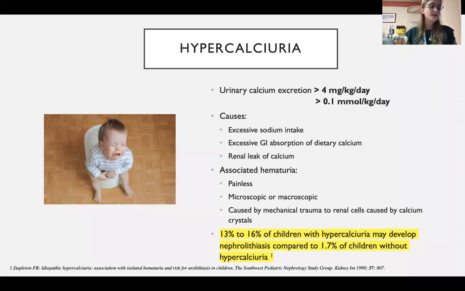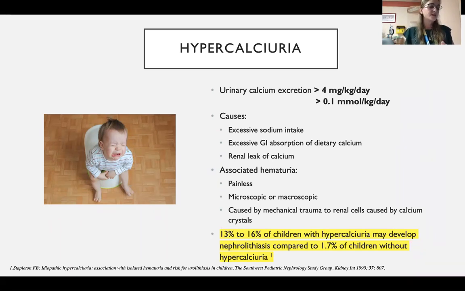It can be caused by excessive GI absorption of dietary calcium or excessive sodium intake, and renal leaks of calcium due to decreased tubular reabsorption. The hematuria that presents with hypercalciuria is usually caused by mechanical trauma to the renal cells done by the calcium crystals, and it's usually painless and can be micro or macroscopic.